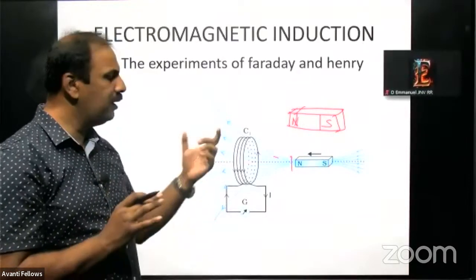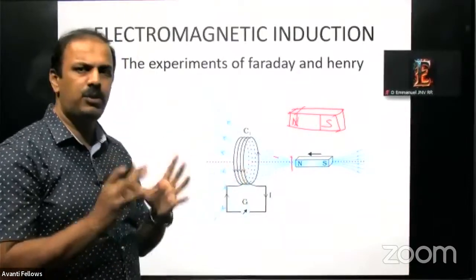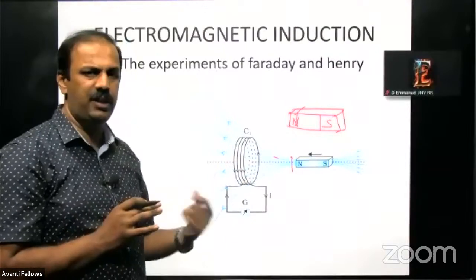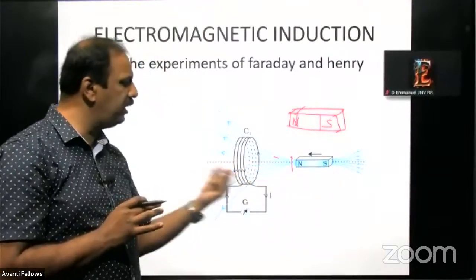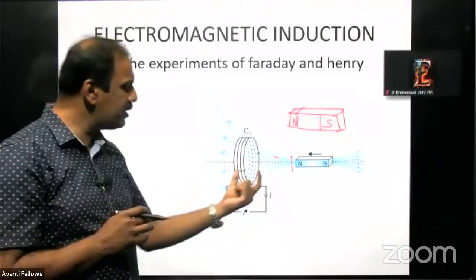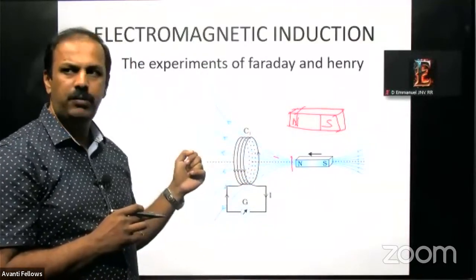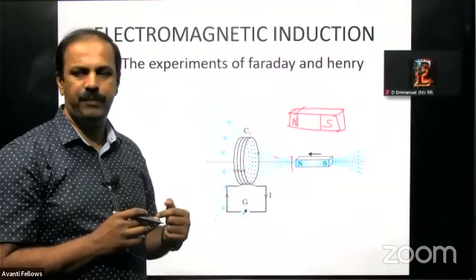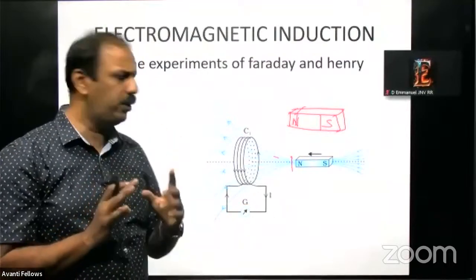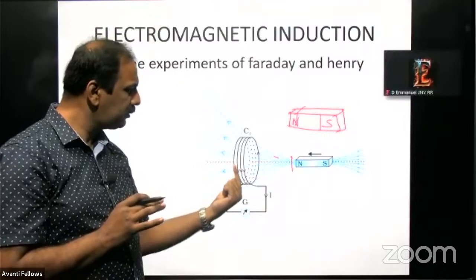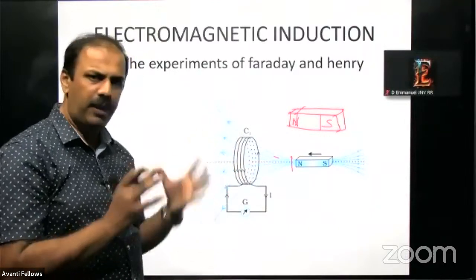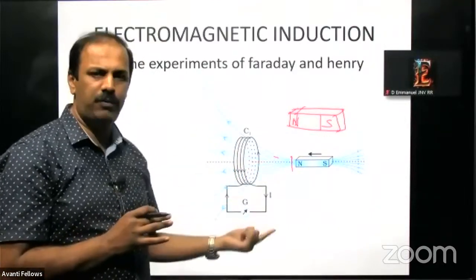We are making this coil subject to a magnetic field which is increasing. So when you push it toward this side, the magnetic field increases. When there is an increase in the magnetic field in the coil, then what will happen? It will show a deflection. That's very important: when there is a magnetic field and that magnetic field increases, it shows a deflection.